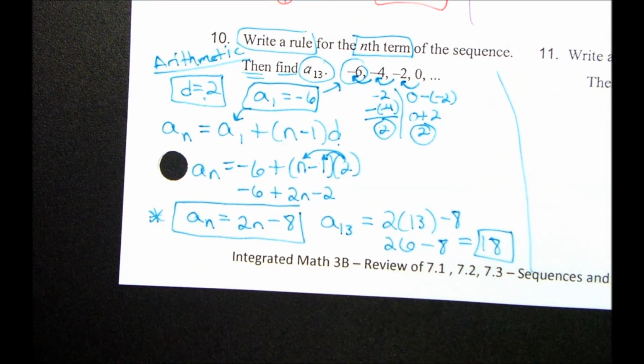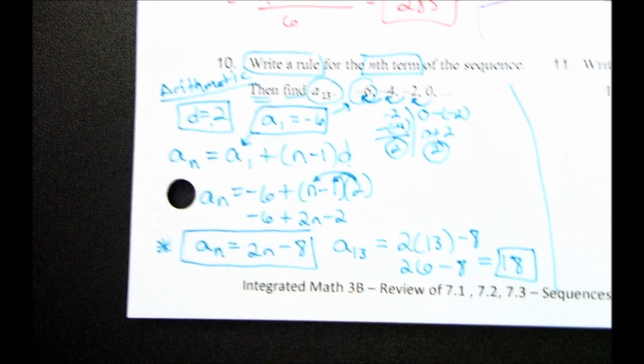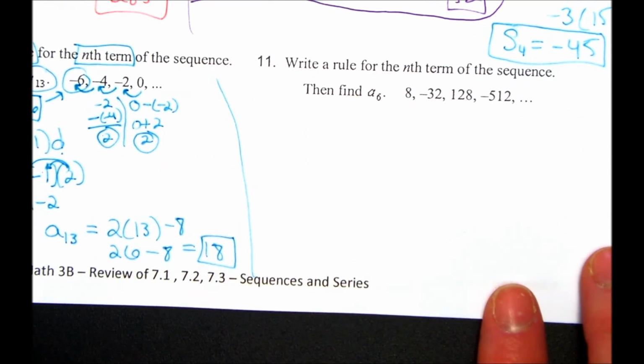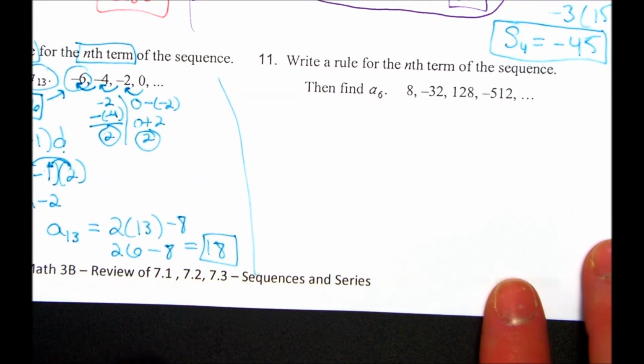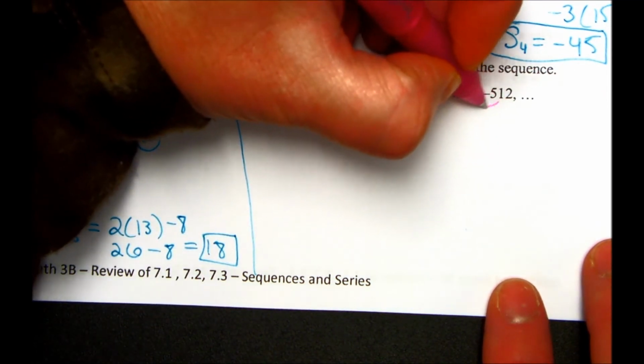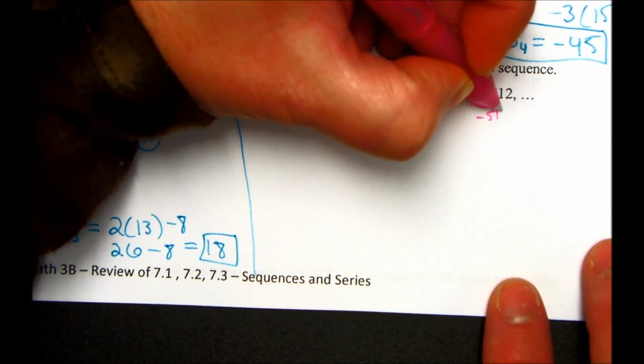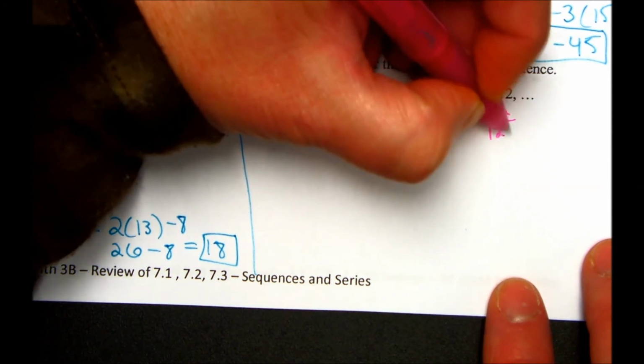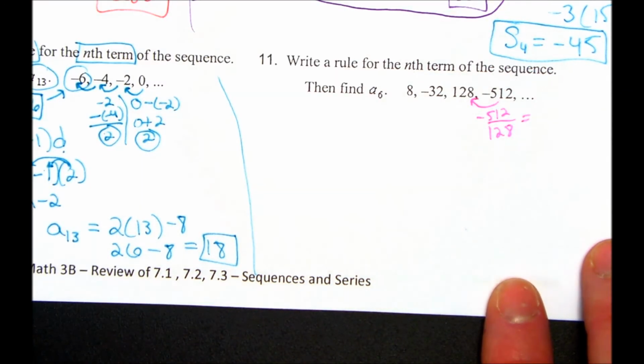Now in number 11, instead of an arithmetic sequence, I'm guessing it's going to be a geometric sequence. But how do we know? In order to determine if it's a geometric sequence, instead of subtracting, you're going to divide right to left. So if I divide the negative 512 by the 128, that is going to equal negative 4.